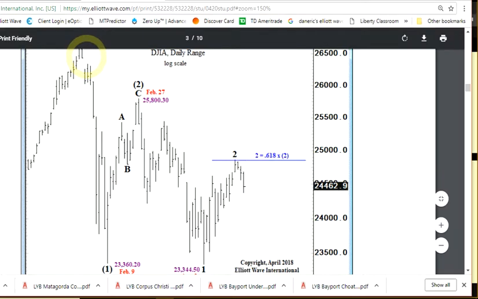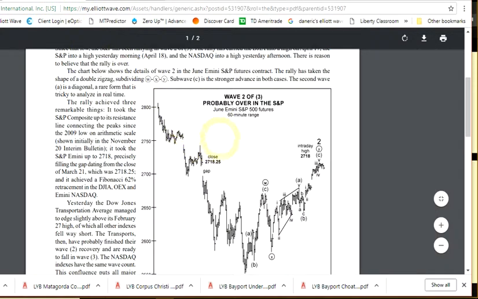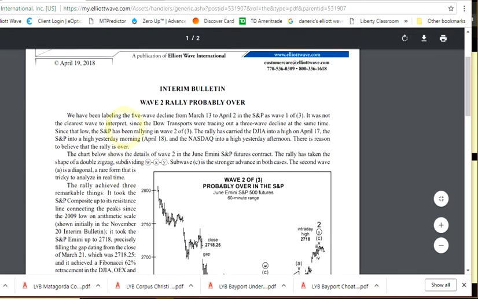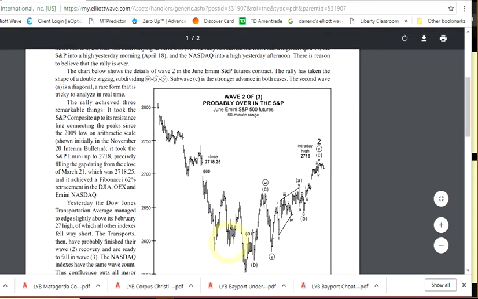This is one of the reasons I was attracted to this Elliott Wave stuff. To be honest with you, it's hard to use for trading, but it's very good for knowing where you are in the larger degree trend. For example, Prechter put out this. He basically says, look, there's a high probability that the wave 2 rally is over, and he makes a case for it in here.